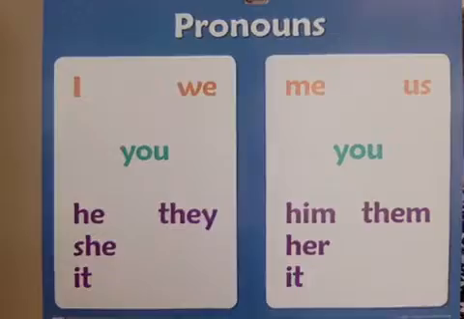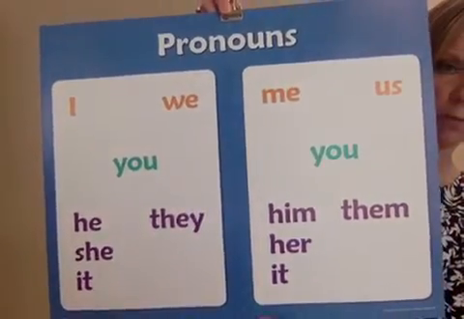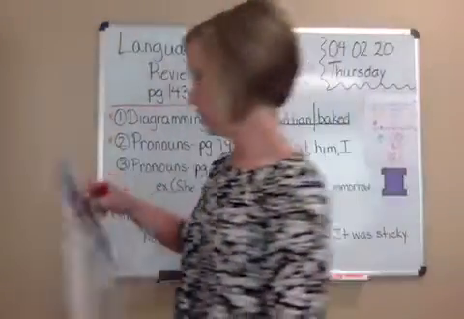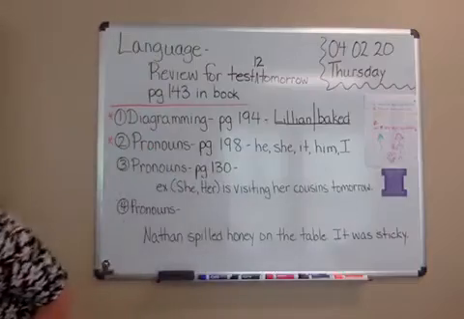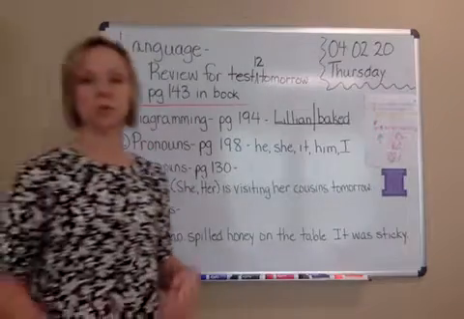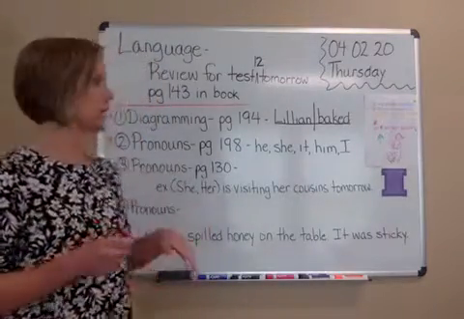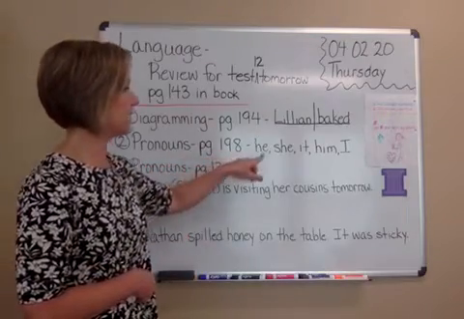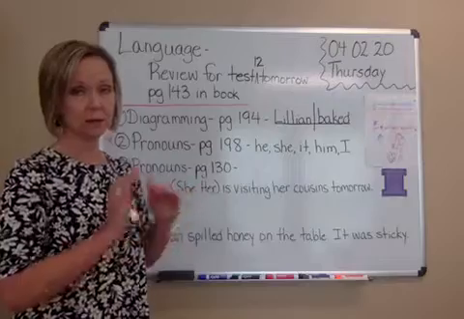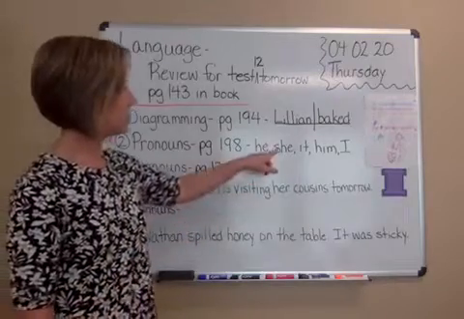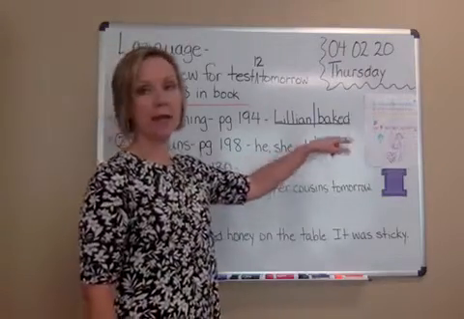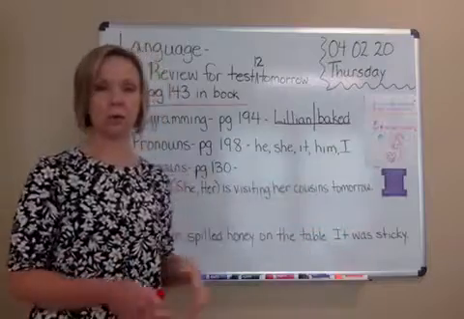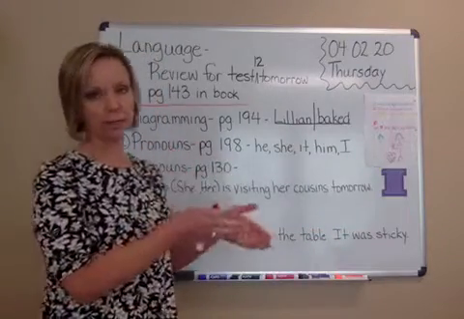Make sure you recognize your list of pronouns. All right, just renaming a noun where you don't have to continually say a proper noun over and over. Pronouns are listed on page 198. I gave you some examples. This is not all inclusive. He, she, it, him, I, me, just depending on if it's on the subject side or the predicate side.